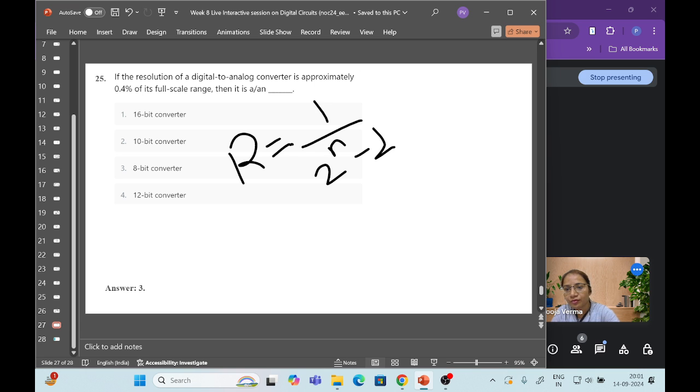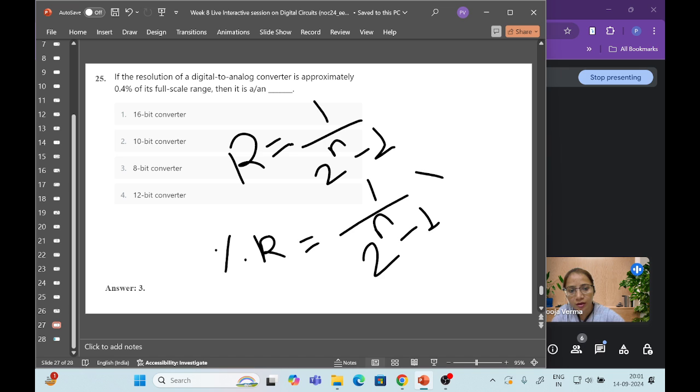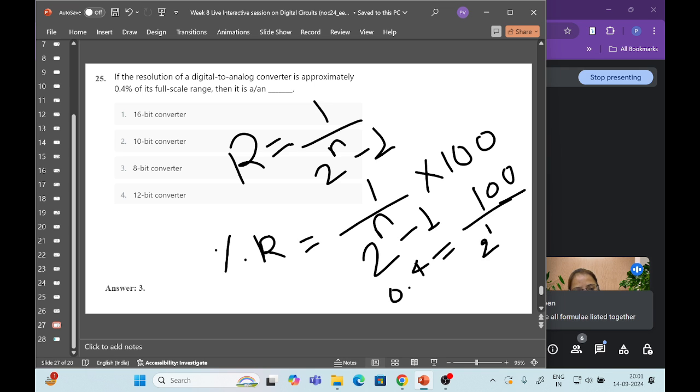If we want to find the percentage of resolution, the formula is 1 by 2 to the power n minus 1 into 100. The resolution percentage is given as 0.4.